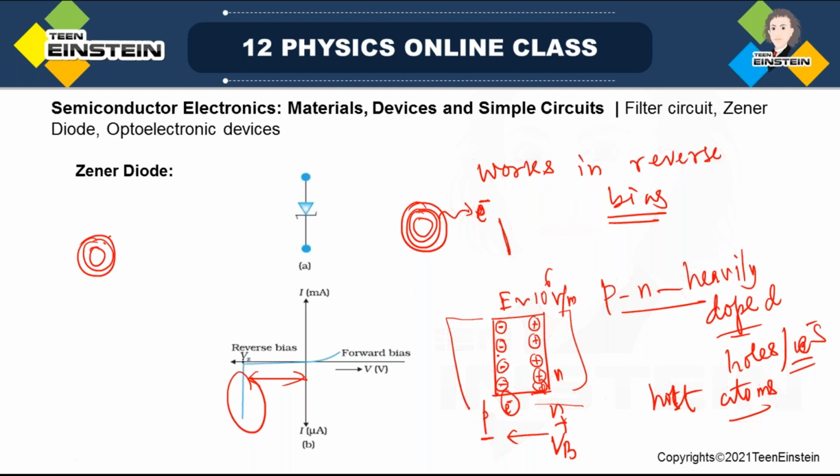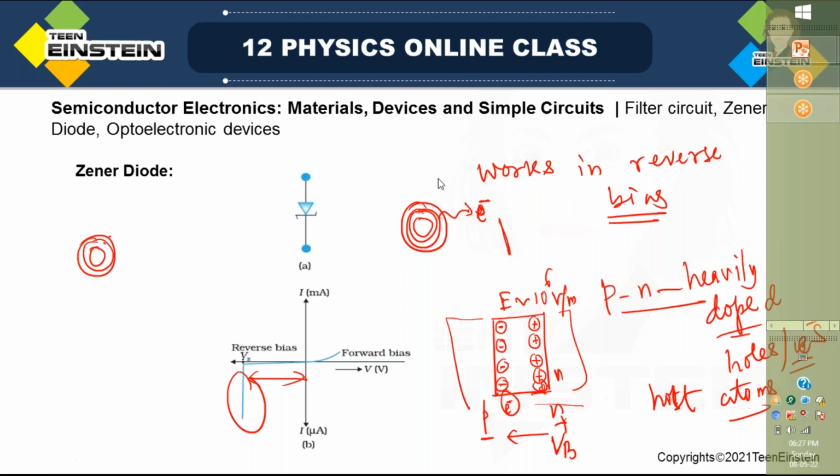And those electrons will be pulled out towards the n side, and that's how you get a huge current in case of the Zener diode. Okay, so this is about the Zener diode and its application.